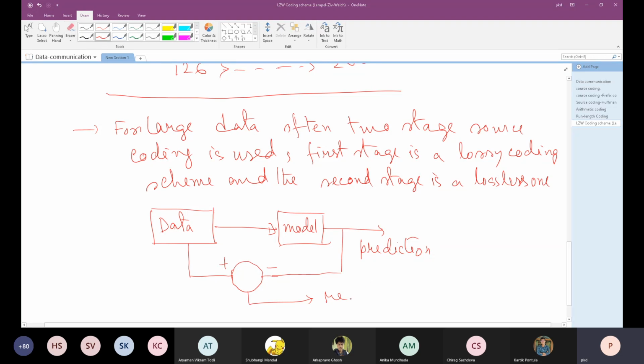Then we subtract it from the original data to get the residue. Both the residue and the prediction coefficients of the model are transmitted.